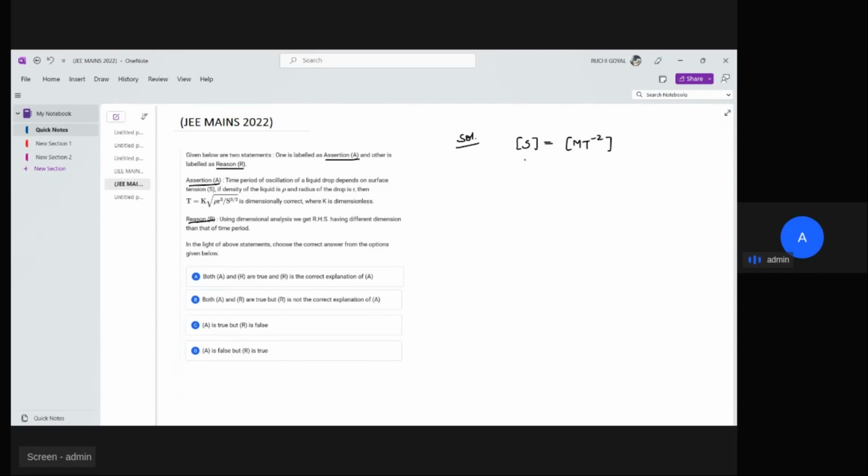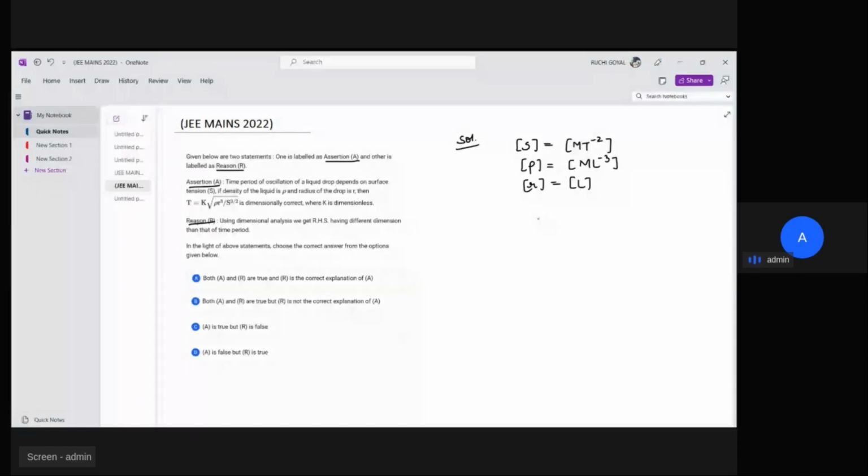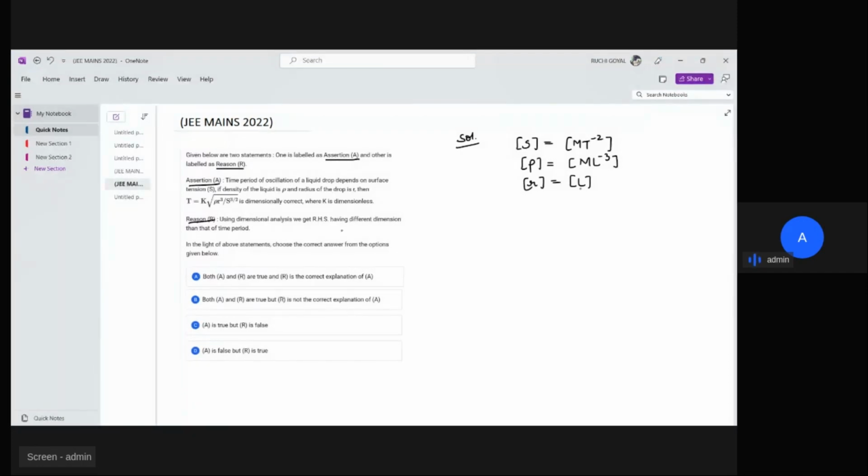Next is rho, density: M L to the power minus 3. And next is the radius of the drop, which is in meters, so it will be L. Right? And in the reason it is given that using dimensional analysis, we get the right hand side having different dimensions than that of time period. So firstly we have to calculate the dimensions of the right hand side.